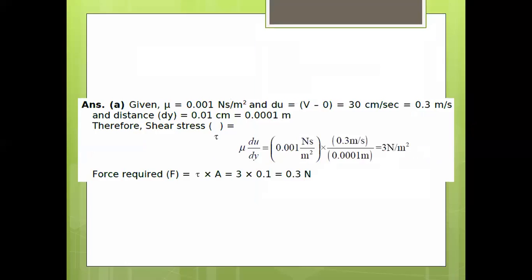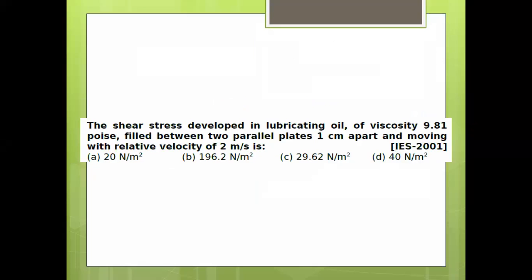So let us solve the next problem. This is the problem. Solve this and put your answers in the chat box. This was asked in the IES examination 2001.